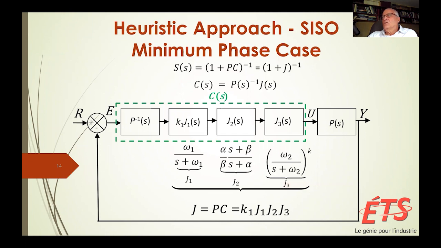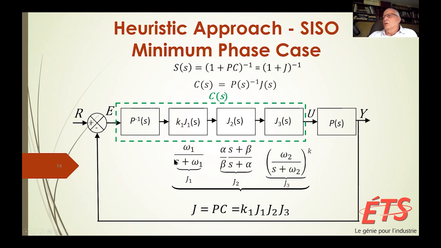So to explain intuitively, I'm going to suppose that P of S is stable and invertible. That means no right-hand poles, no right plane zeros. And I'm going to build a compensator P minus 1 P. That means basically I'm left with J. J is me, J is what I'm building.